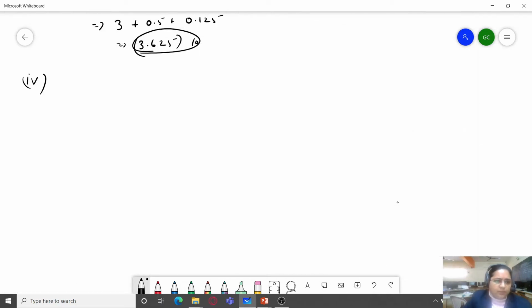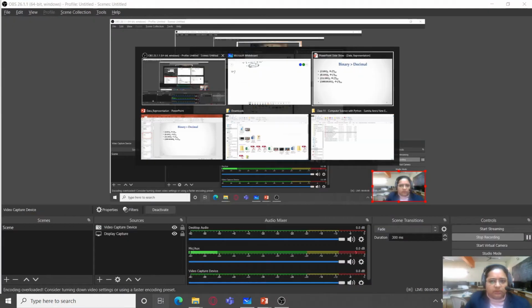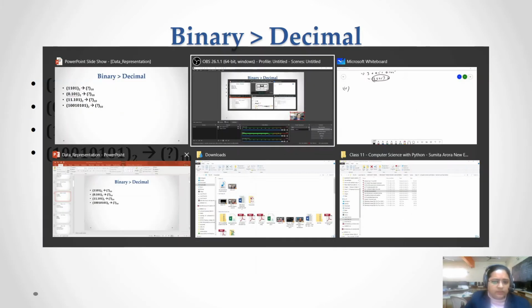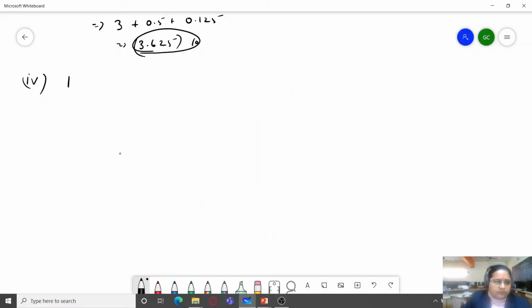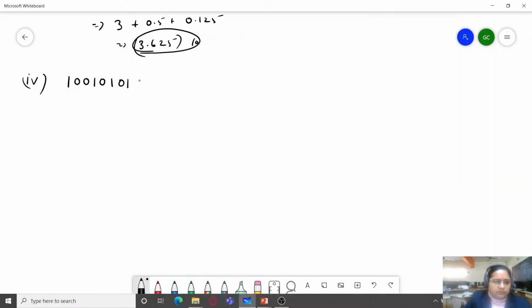Next is the fourth one, that is 1001001. This one is to be converted to decimal form. I'm just changing this number to add a decimal point over here as well.